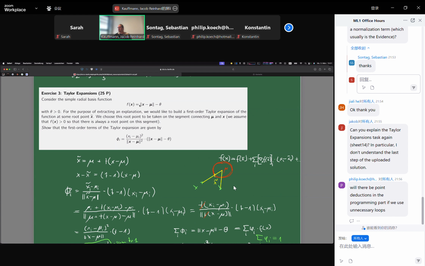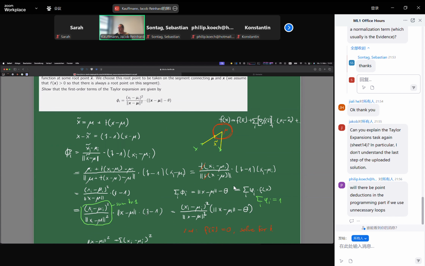Then you basically get t times this norm minus theta, and we know that it's equal to 0 because it's a root point, where the function evaluates to 0. And then you solve for t. So you find something like t equals theta divided by the norm of x minus mu. And then you can also plug this in here and you get the same solution.